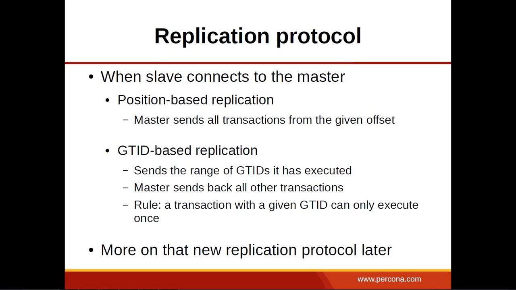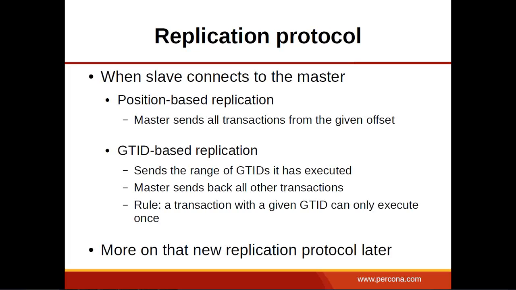It may not seem very different. We'll see in a moment that in some situations it may be very different. And there's an additional rule in GTID-based replication: a transaction with a given GTID can only be executed once. With position-based replication, if you position your slave to a position in the binlog that was already executed, there was nothing to prevent you from doing that.